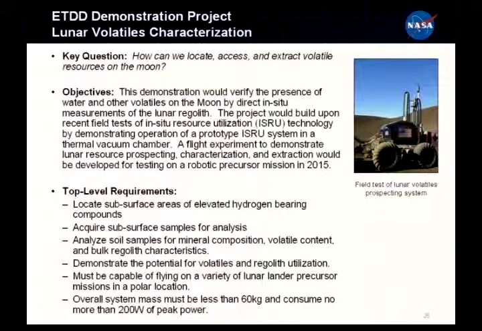As you know, the Lunar Reconnaissance Orbiter and the LCROSS mission both have found strong evidence for water and other volatiles in the lunar polar regions. We'd like to take that to the next step, which is to provide the ground truth for these orbital measurements.